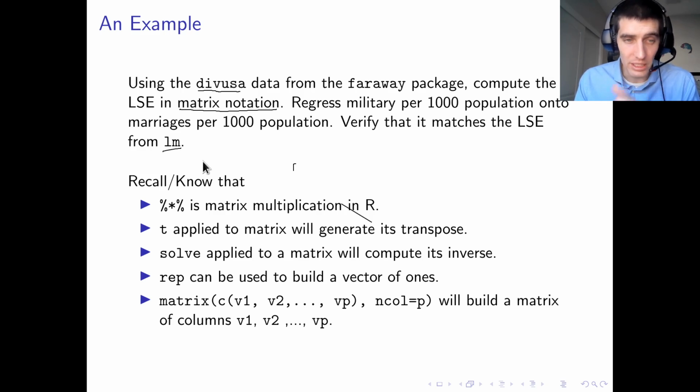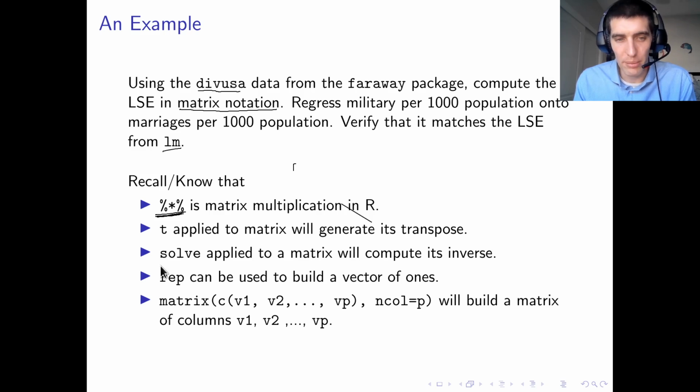Okay. So we need to know a couple of things. We need to know that this sort of awkward chain of symbols gives matrix multiplication in R. We need to know that the t function gives a transpose of a matrix. We need to know that solve applied to a matrix will compute its inverse.